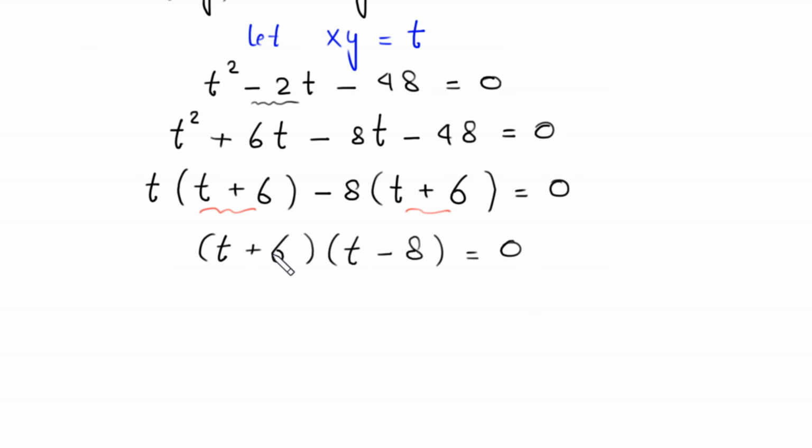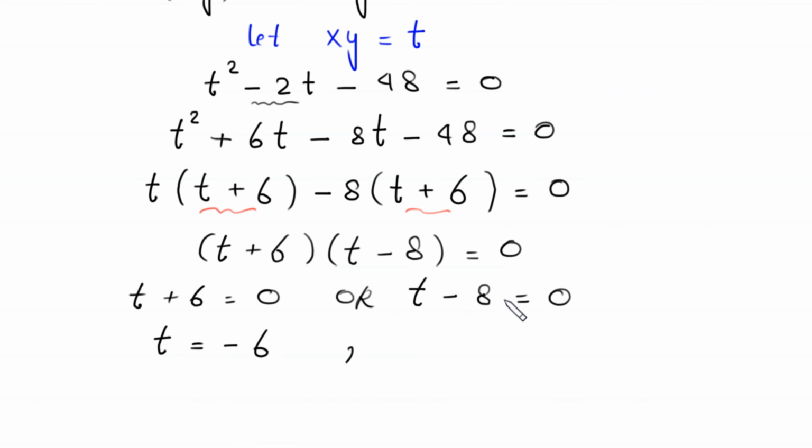From here either this expression t plus 6 is equal to 0, or this expression t minus 8 is equal to 0. From this equation we get the value of t is equal to negative 6, and from this equation we get the value of t is equal to 8.